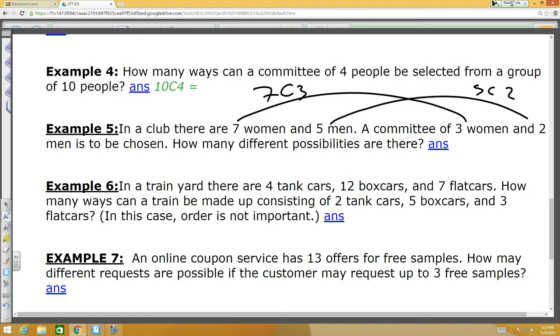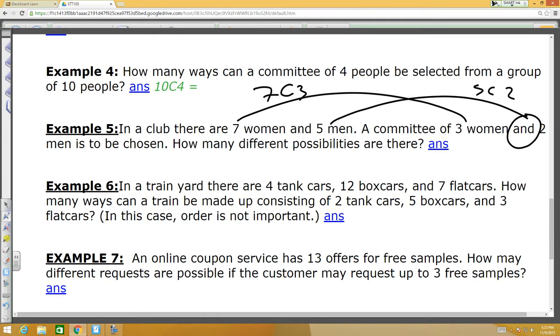The question now is, do we multiply them or add them? If it is and, you multiply. If it is or, you add. But why? And means happening at the same time. You have 2 things happening, like a sequence of events. You're selecting women and also selecting men, and together at the end both happened. So that looks like the fundamental counting rule.